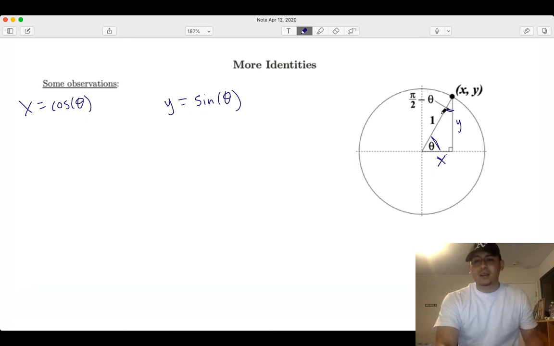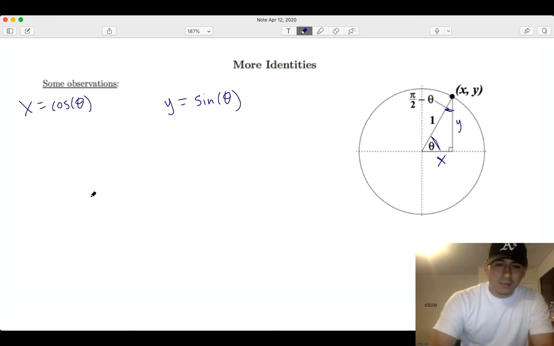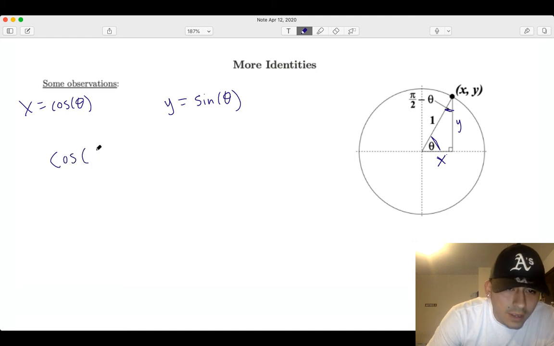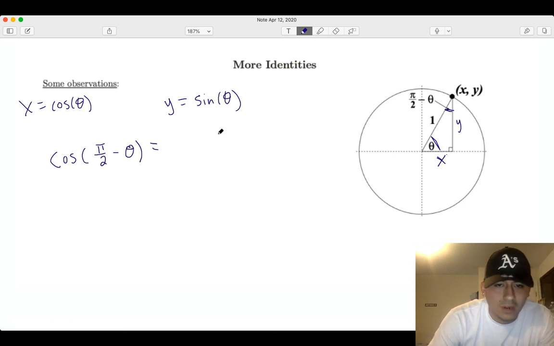All right, so if I'm using this top angle to generate the relationship between sine and cosine, I'm going to have the cosine of pi over 2 minus theta. Using SOHCAHTOA, it's still adjacent over hypotenuse.